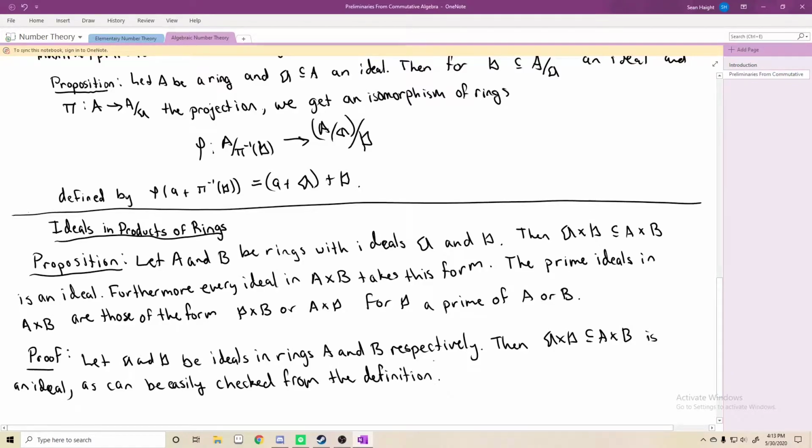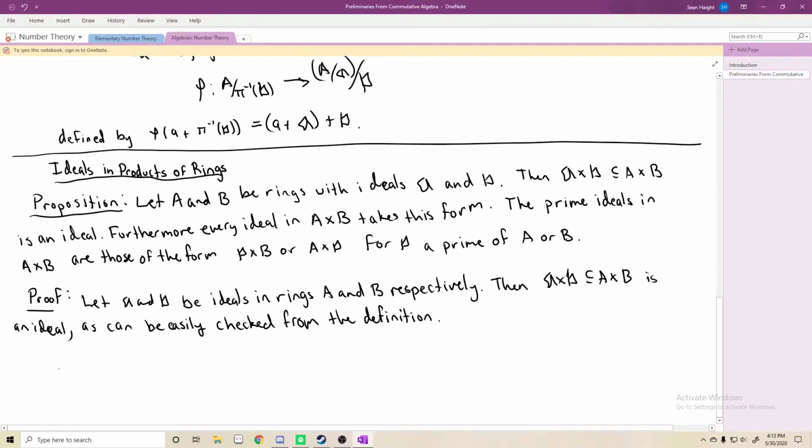If you use the definition of what an ideal is, you can check this thing is closed under outside multiplication and closed under addition fairly quickly. The second claim is every ideal in A × B takes this form.